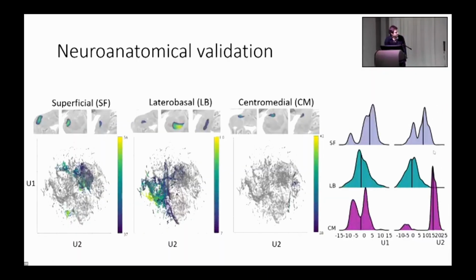As well, U1 was able to capture a distinction between the superficial against the lateral basal and central medial. And this has to do with those subregions varying across the medial lateral axis.